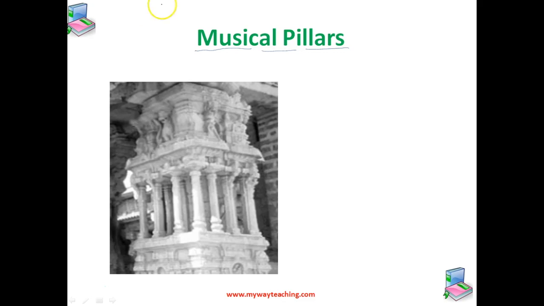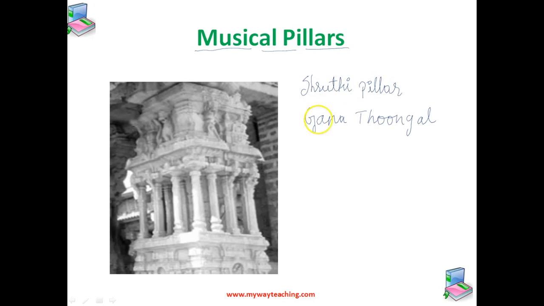The first one we call the Shruti pillar, as it can produce the basic notes, that is swaras. And the second one is Gana Tungal, which generates the basic tunes that make up the ragas.